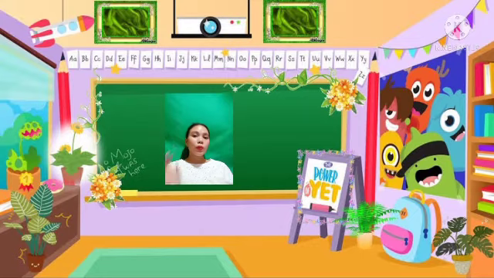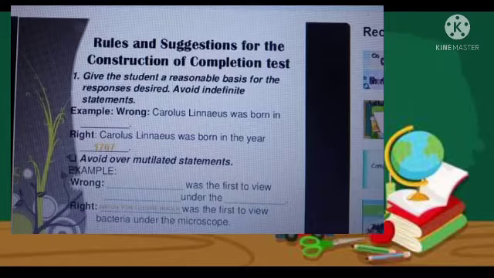Here are the following rules and suggestions for the construction of a completion test. Number one, give the student a reasonable basis for the responses desired. Avoid indefinite statements. Example, here is the wrong and right construction of a sentence. "Carlos Lanius was born in blank" is wrong.